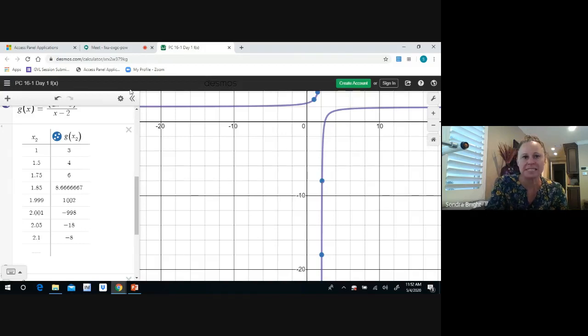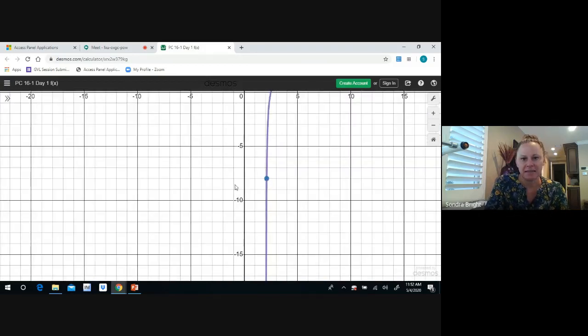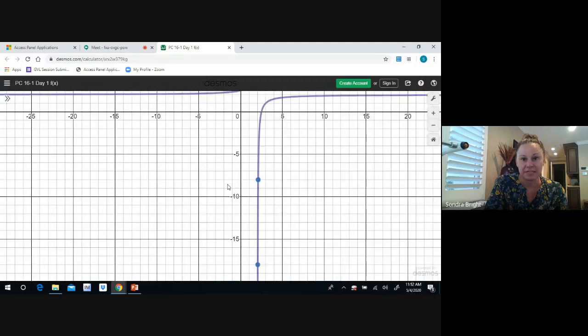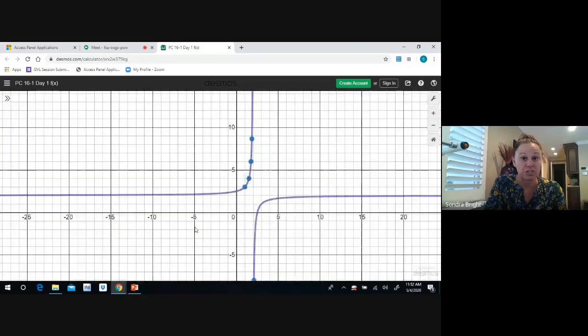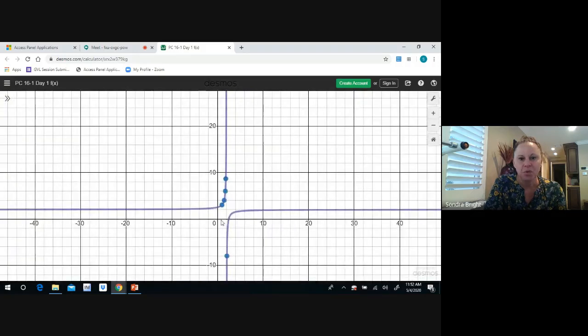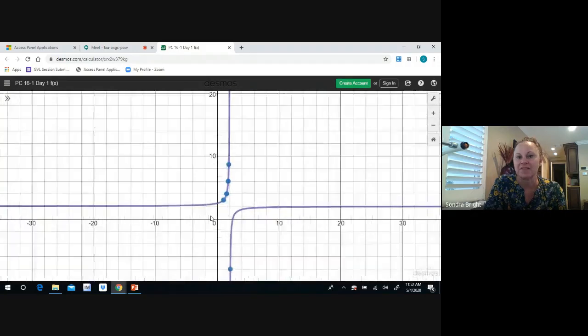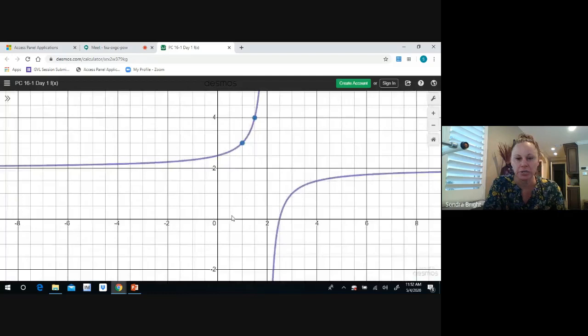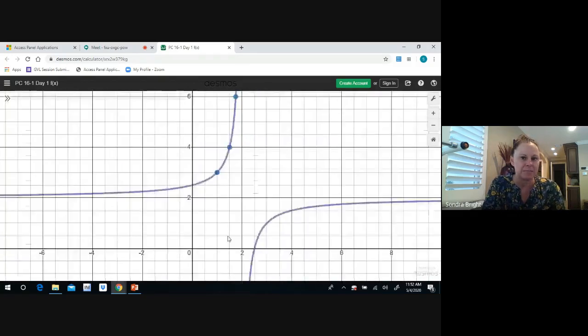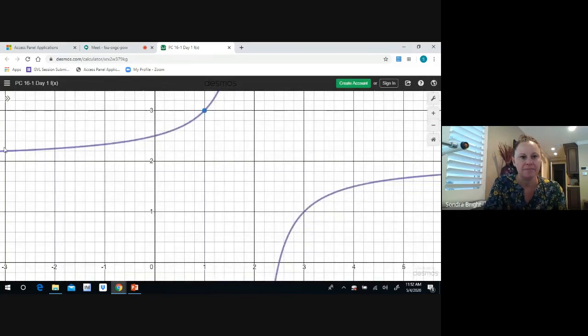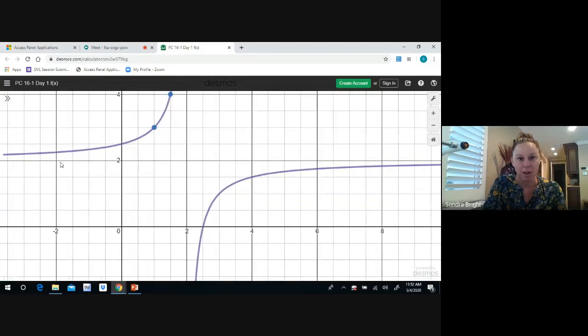So what you can see is that things are happening differently depending on which direction you're coming from. We're wanting to investigate what is happening as your x value gets closer and closer to 2. Well, it depends. You can picture this like a ride, right?